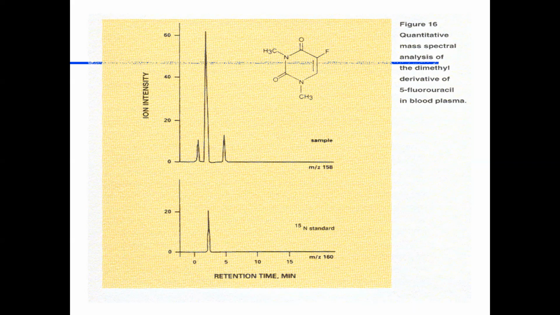So we're somewhere along here. This is the unlabeled compound, and this is the labeled standard. So it's measuring that 5-fluorouracil. The standard has a label in it, a known concentration in your sample, goes through extraction, and you compare it in peak area to the sample of interest.